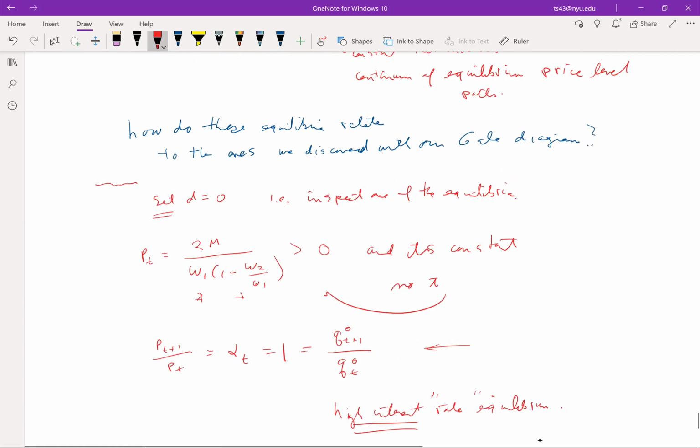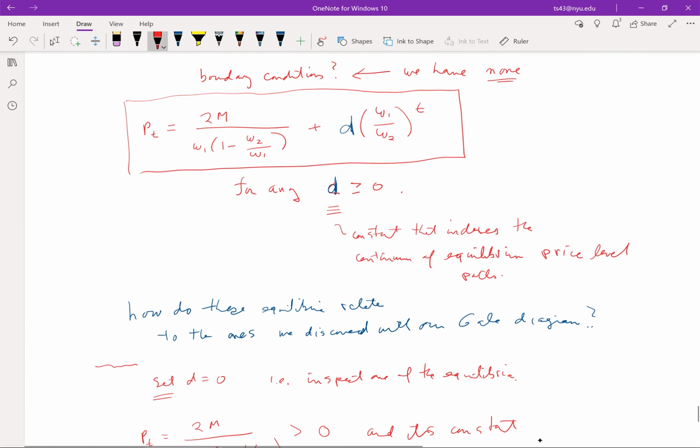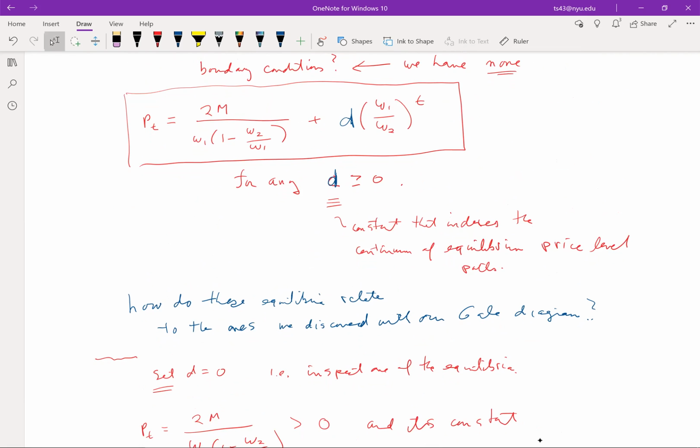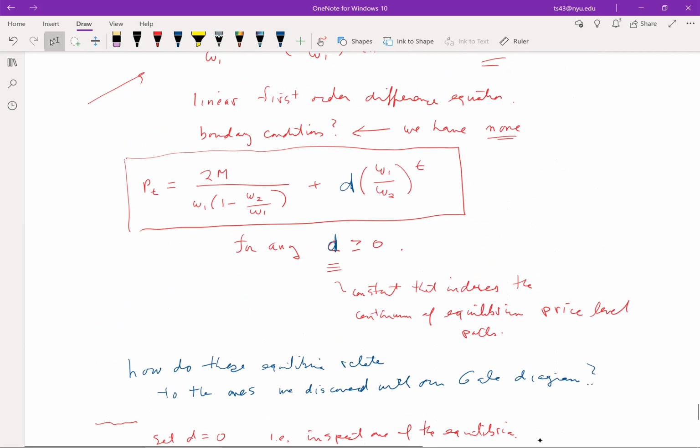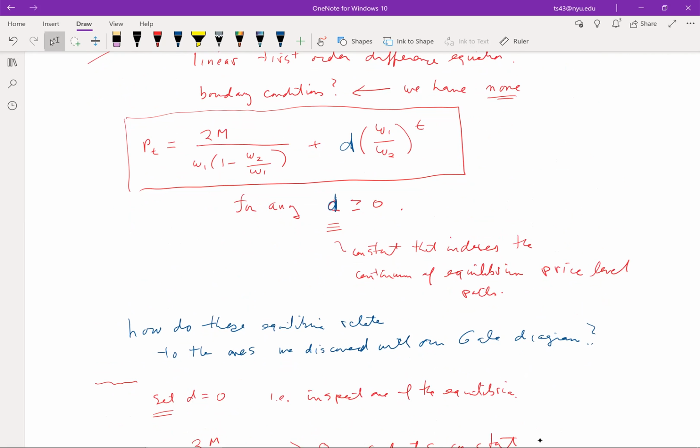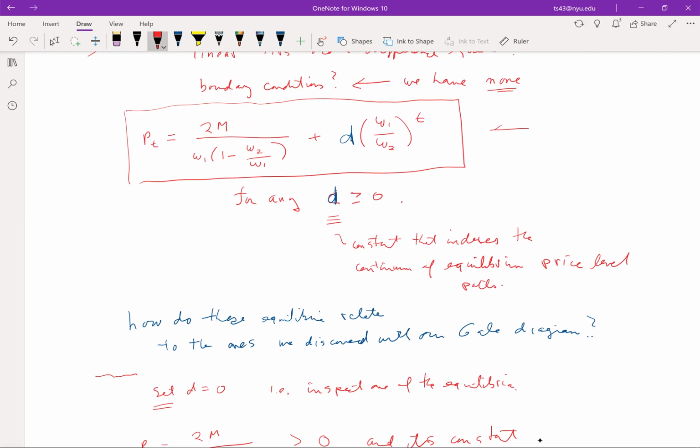Okay. Let me ask you this. Stare at this equation now, and let's take an equilibrium where D is positive by some amount.